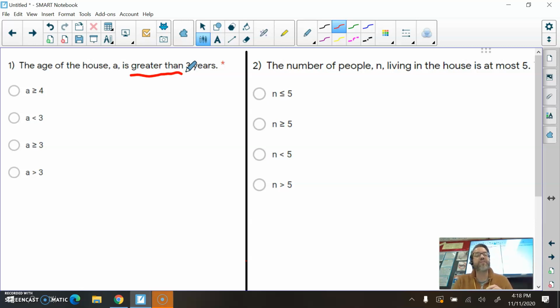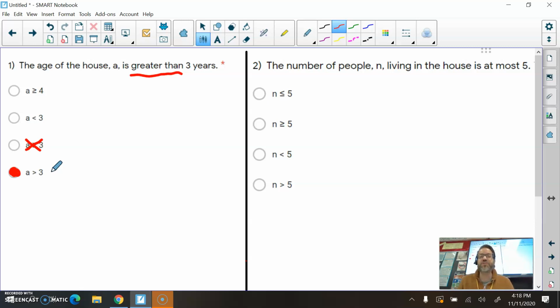So we're not going to have an equal to in this, so it's not going to be this one here with the equal in it. It has to be just the greater than one. The age of the house has to be greater than 3. If it helps you out, the alligator always eats the larger value, okay? And so the alligator is going to eat a number that's larger than 3 because the age of the house is more than 3 years.